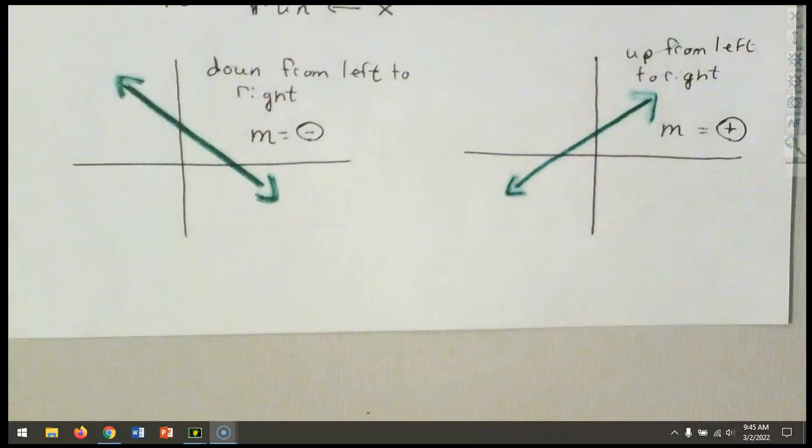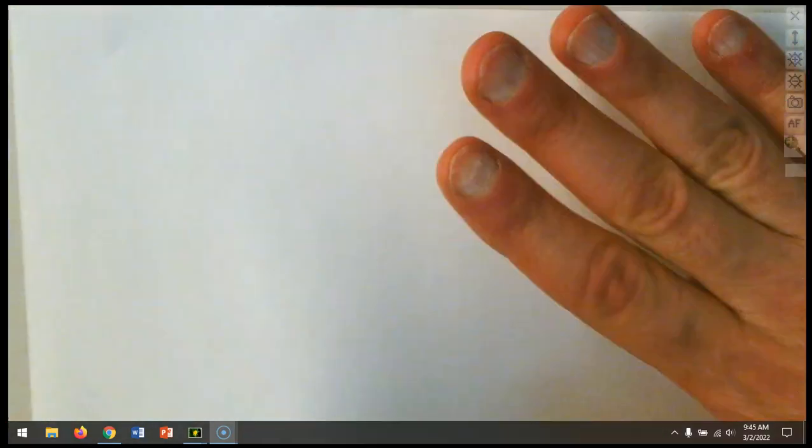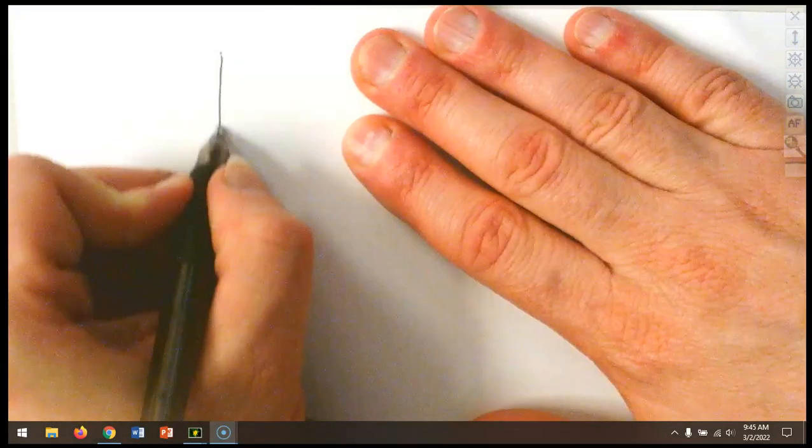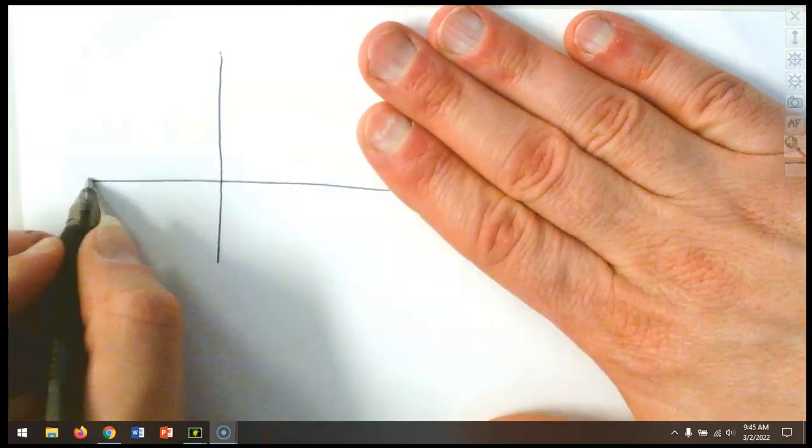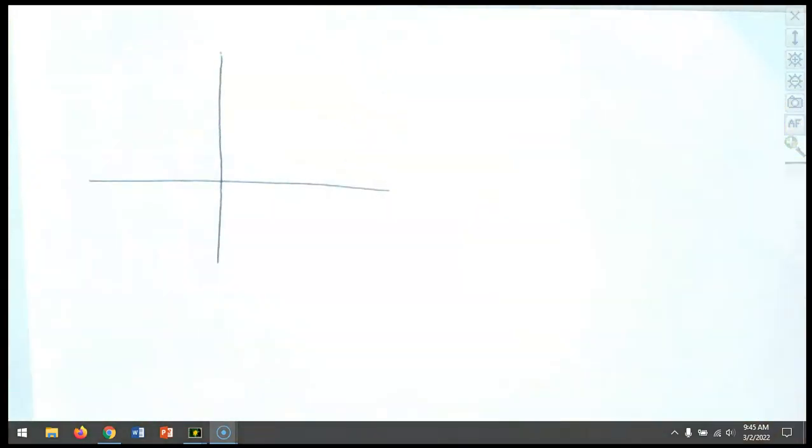Now, what about the vertical and the horizontal lines? Let's first talk about the vertical line. Let's try to remember what this slope is going to be. It's either going to be 0 or it's going to be undefined. So we're going to first look at a vertical line.